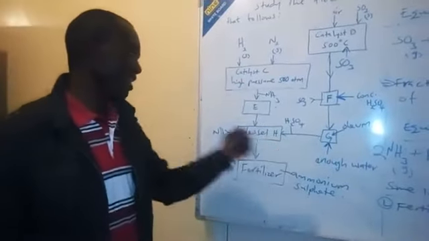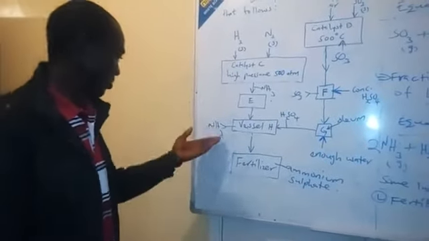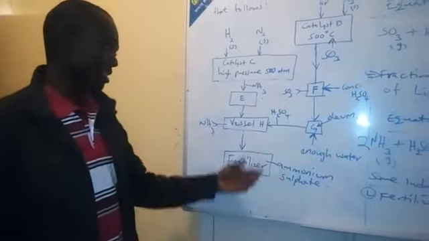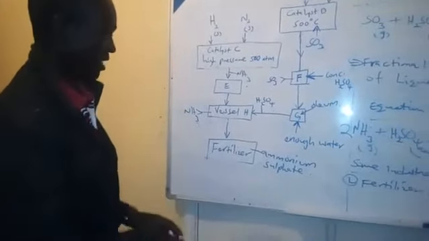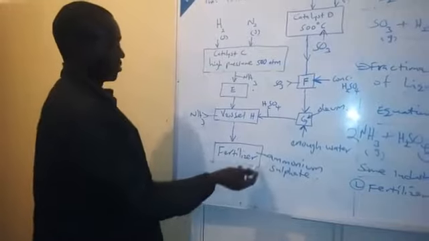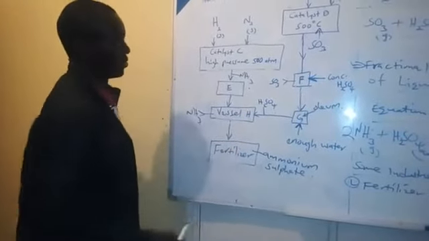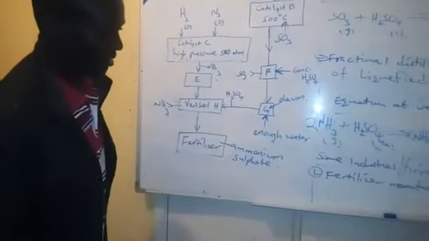Because at the end of the day, when we collect our sulfuric acid and our ammonia, combining the two, we end up forming a fertilizer. So it will be very economical and useful to have an industry nearby where we manufacture our fertilizer.